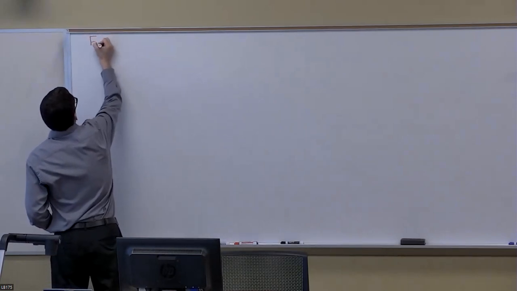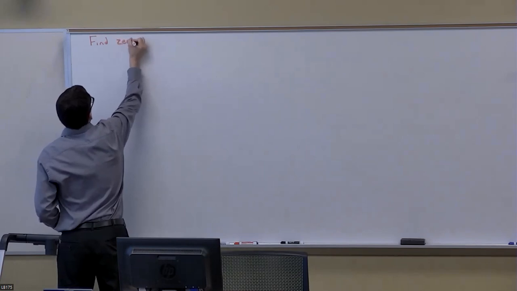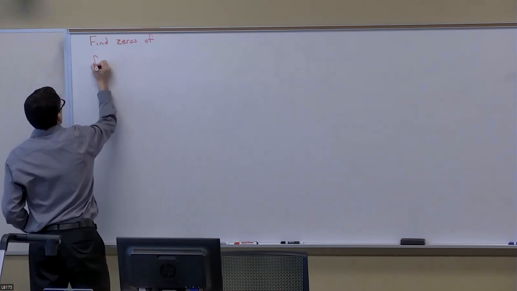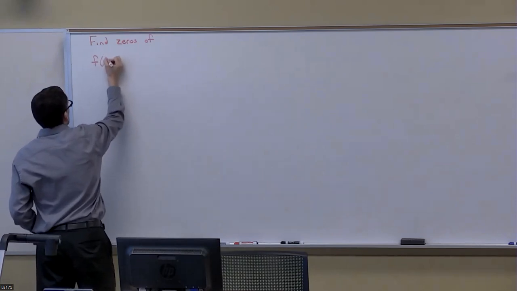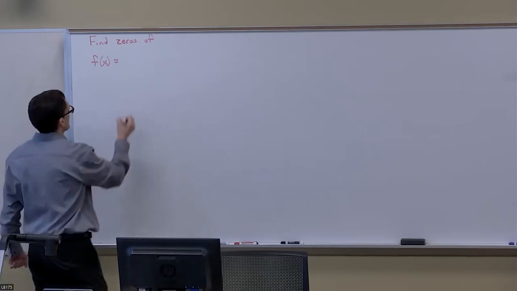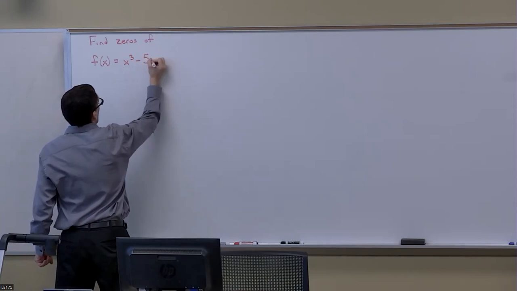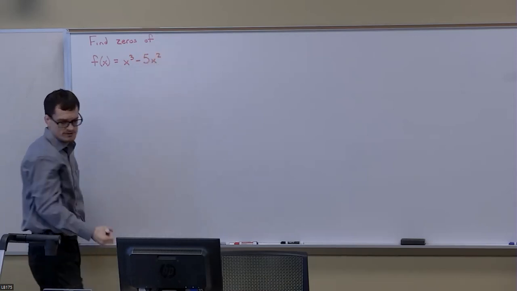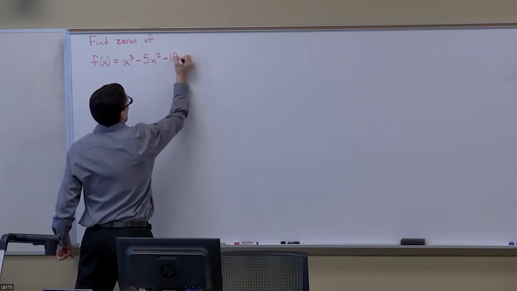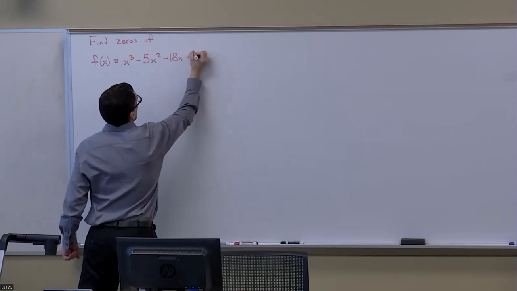So let's find the zeros of this function. F of x equals x to the third minus 5x squared minus 18x plus 72.